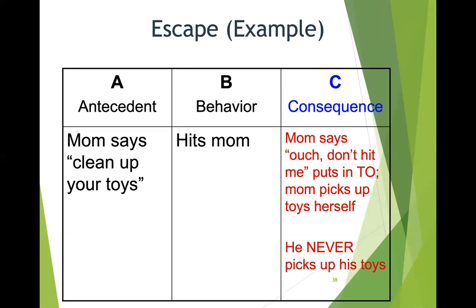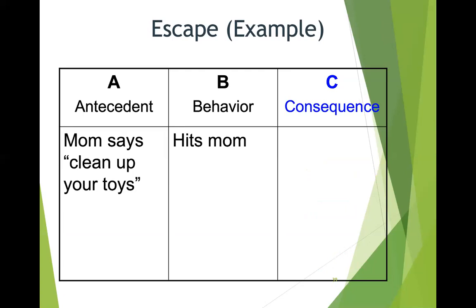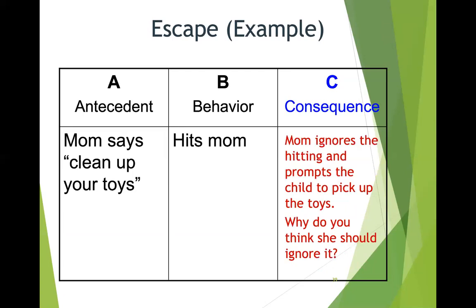So let's look at how we can fix this. We can modify that consequence by having mom ignore the hitting and prompt the child to pick up the toys. Why do you guys think that she should ignore it? As I'm sure you have all guessed, we want to make sure that we are ignoring this behavior because we don't want to create a new function of attention.